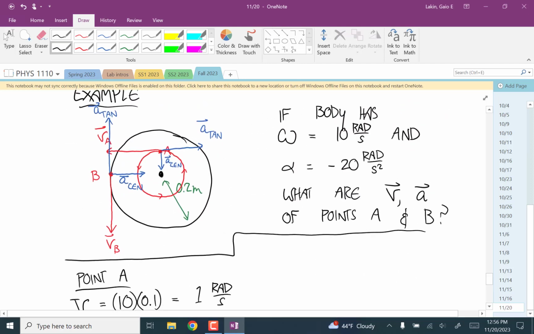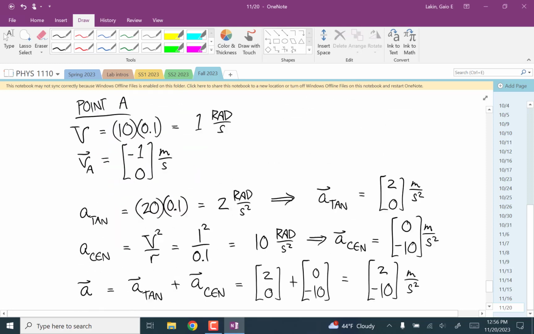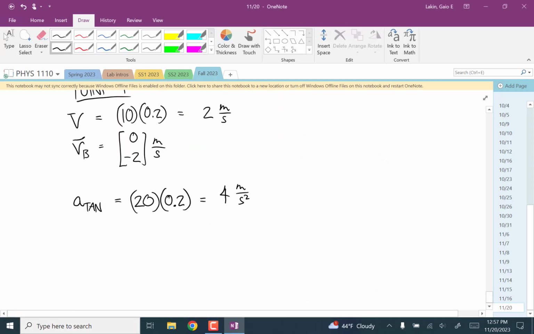We figured out that that's in the positive y direction. So the tangential acceleration vector is 0, 4.